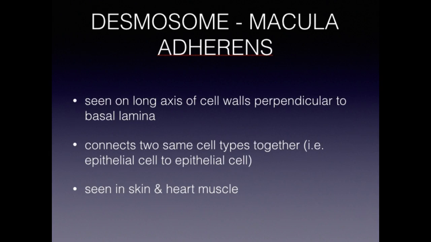It's a small gap between the cells with a discrete disk of matter on the cytoplasmic surfaces of each cell. So on the inside of the cells rather than on the cell wall, there is this material, and it's moderate electron density, and basically they are attracted to each other, so they form like these little spot welds.